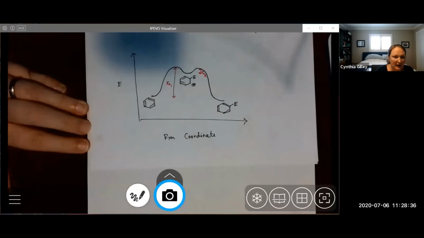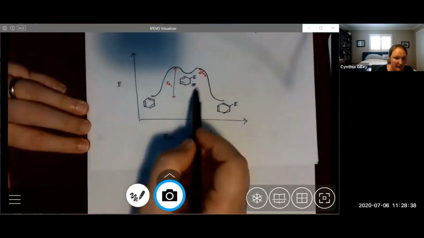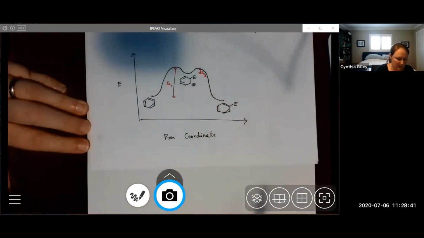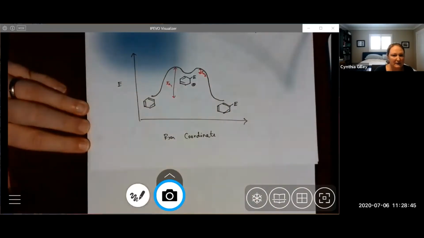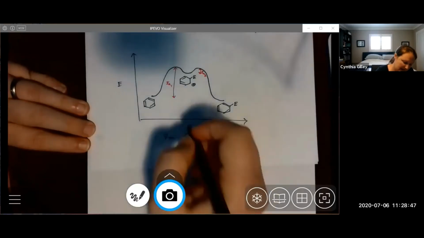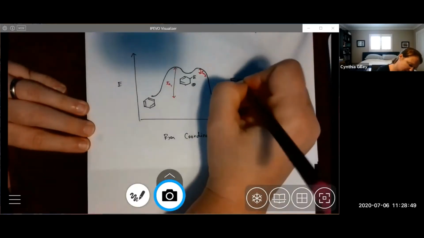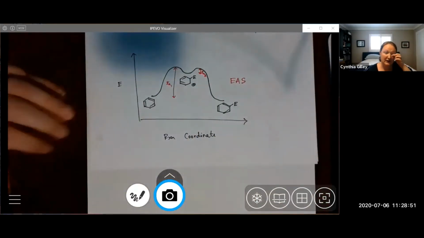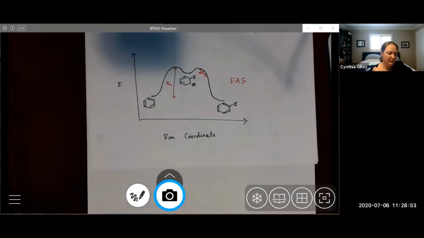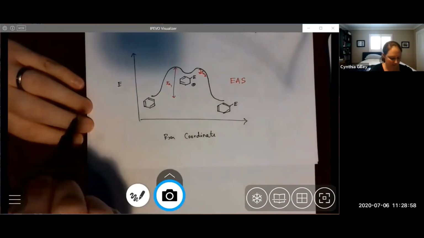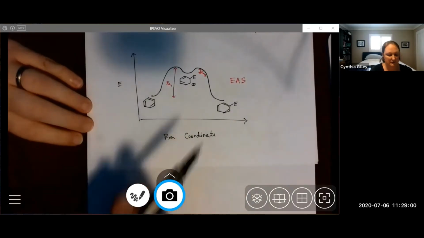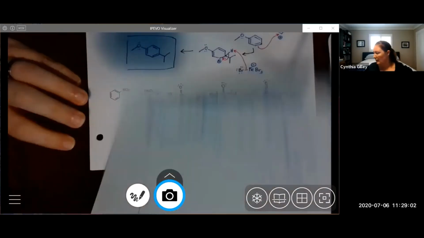So that'll make that pathway faster if we form a more stable intermediate. So I just want everybody to understand what the energy diagram looks like for an EAS reaction, an electrophilic aromatic substitution reaction, generically. So two steps, one intermediate, from the aromatic starting material. Okay.